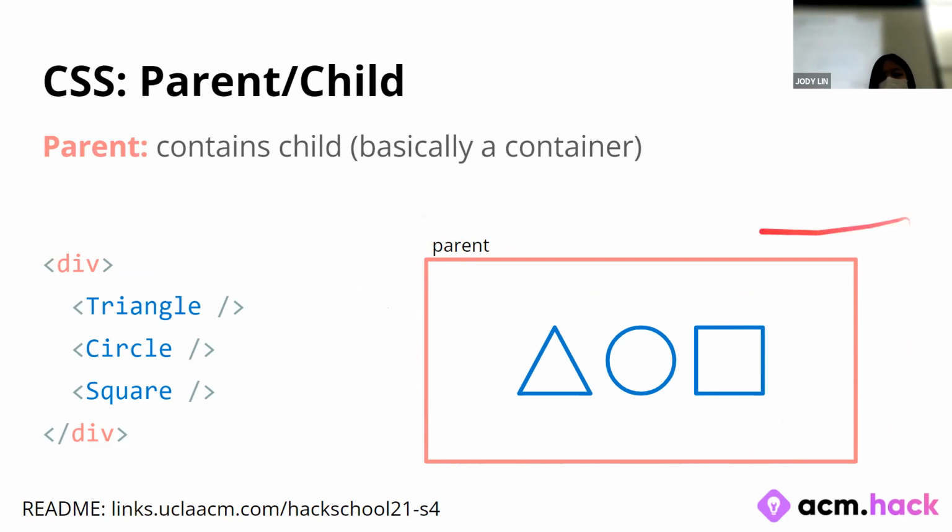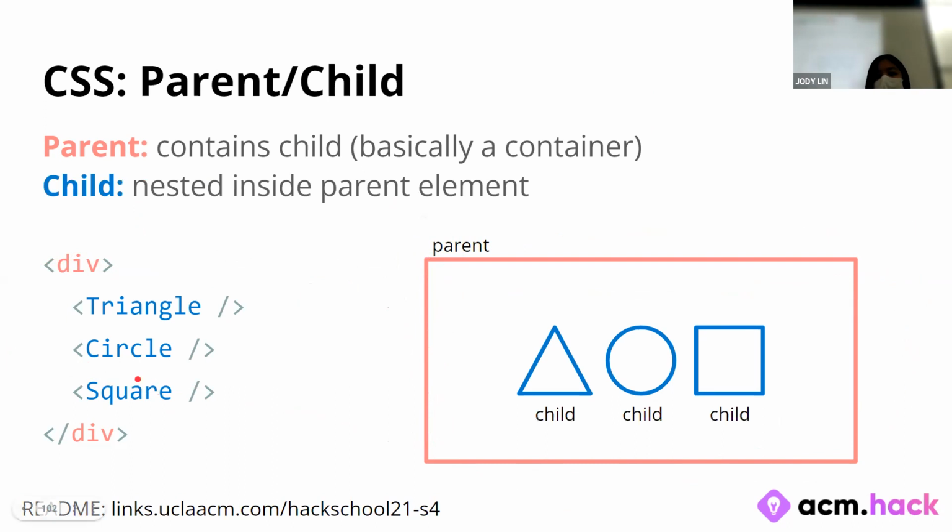This is what we call the parent element because it has stuff inside of it. And the child elements are the ones inside of the parent. So we have a triangle, circle, and a square. So the parent is the container. It holds other things. And the child is the one that's directly inside of that. It's kind of an abstract concept, but it's important in how flexbox works.